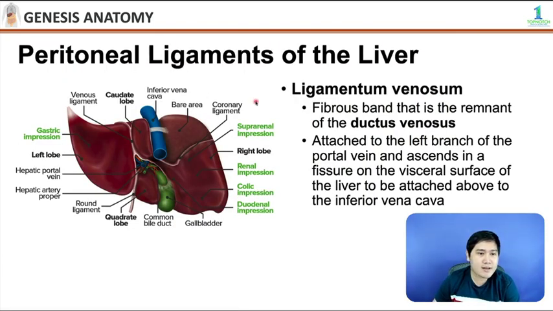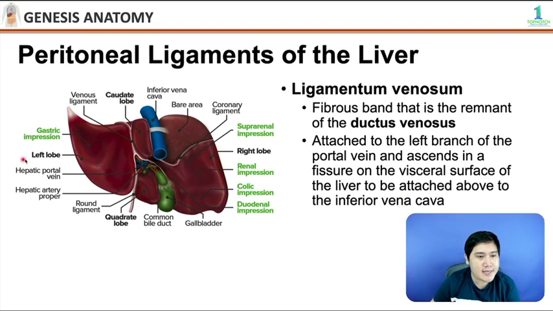You also have another ligament, ligamentum venosum. So it's here, the venous ligament. It is a fibrous band that is the remnant of the ductus venosus. It is attached to the left branch of the portal vein and ascends in a fissure on the visceral surface of the liver to be attached above to the inferior vena cava.